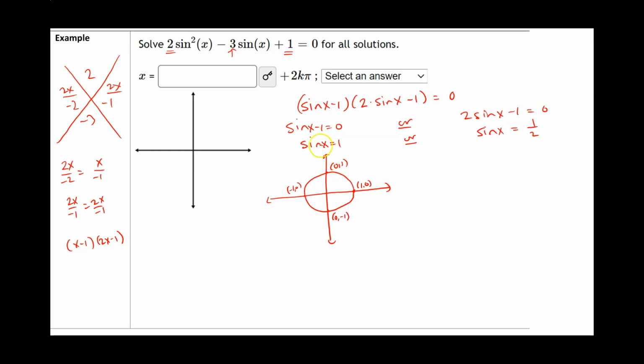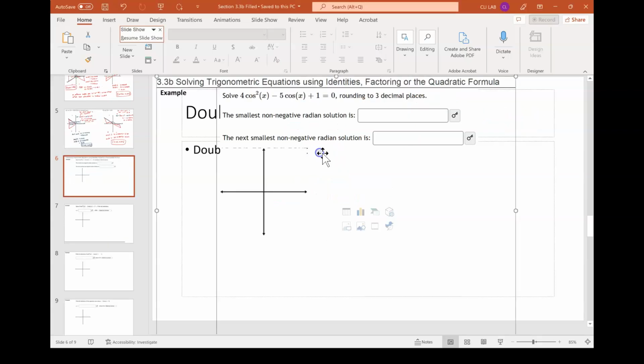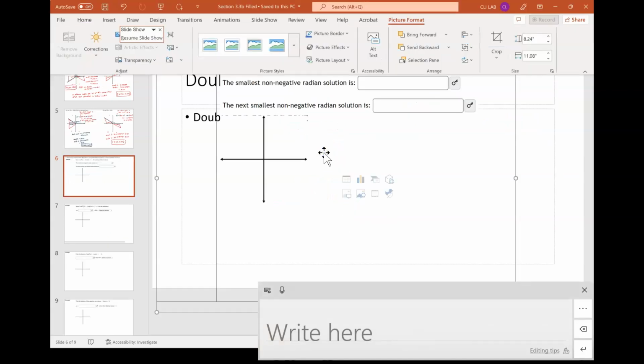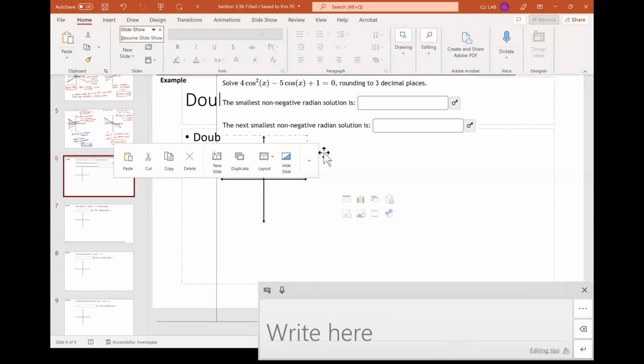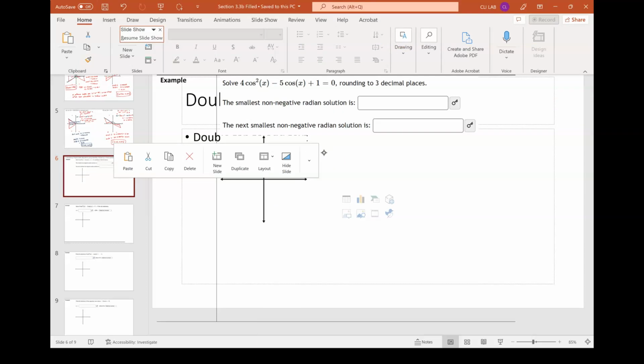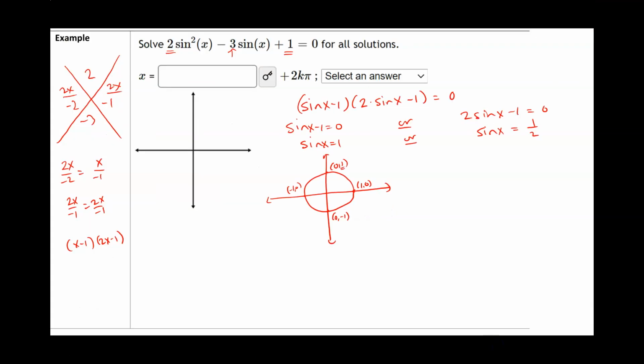So I ask myself, sine is associated with the y value, so which angle has a y value of 1? And that'll be this angle. This angle is pi over 2.